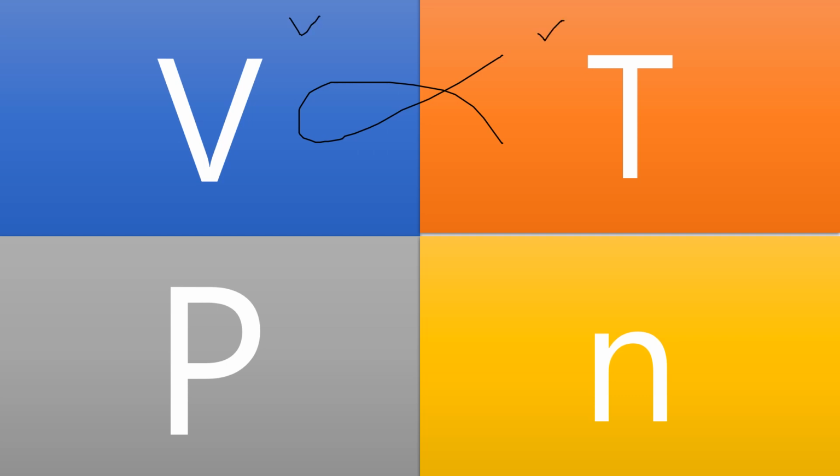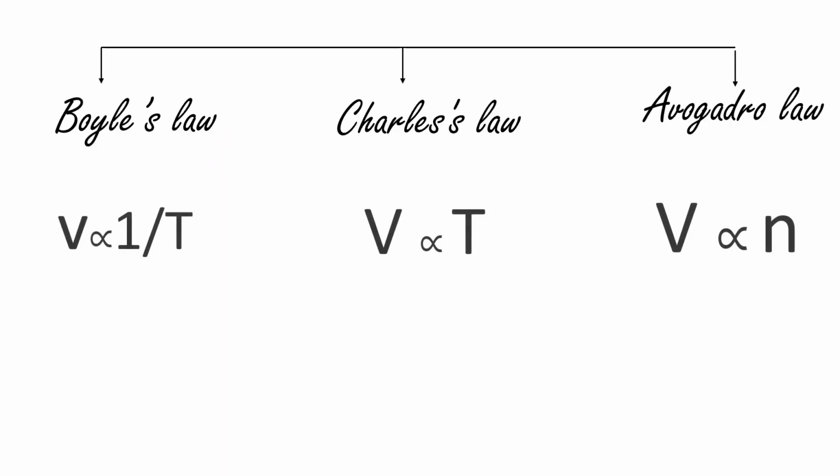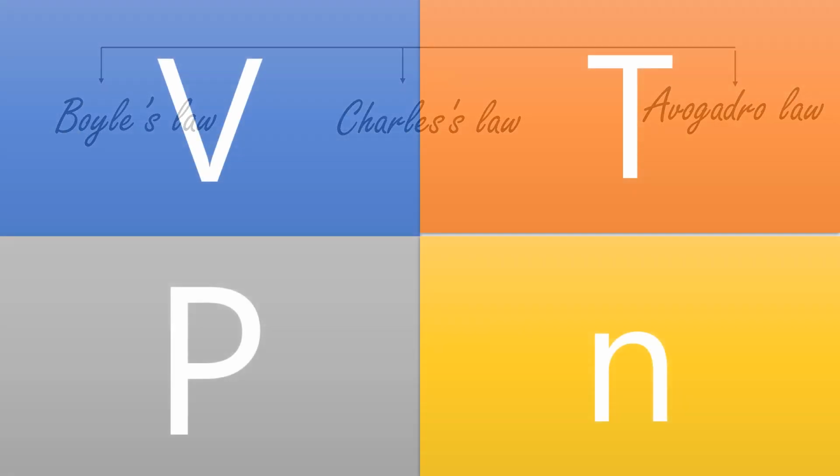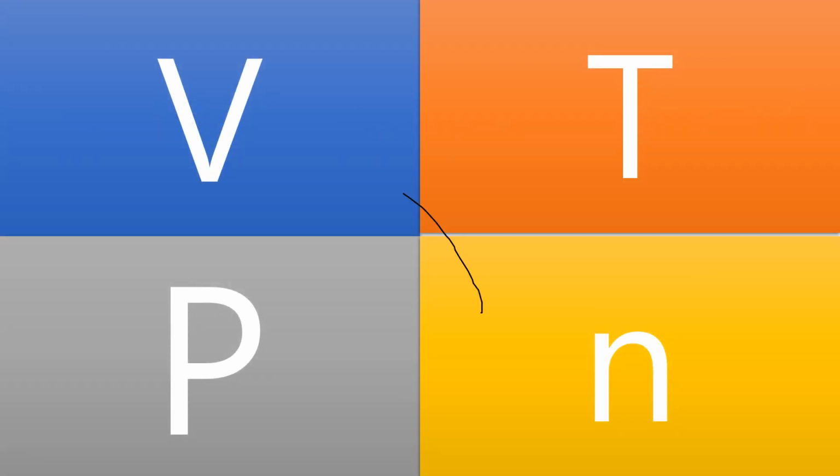In Avogadro's law, it is stated that as the number of moles increases, it is directly proportional to the volume. So as the number of moles increases, the volume also increases.